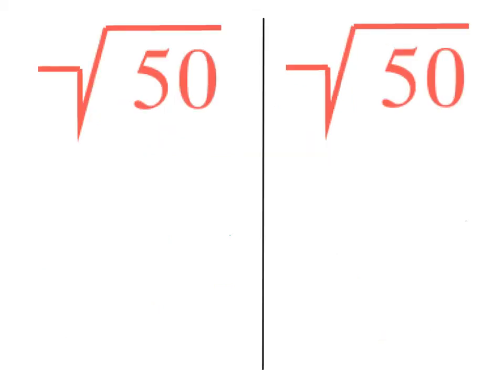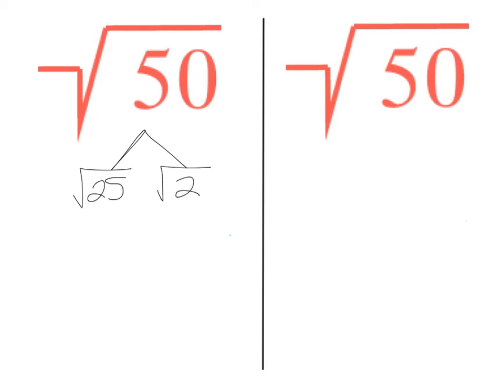Why do you have to know your perfect squares by heart? Just like you've had to do in elementary school and middle school, you've had to simplify your fractions. Once you get into 8th grade in algebra, you're going to have to start simplifying radicals. For example, if I wanted to simplify radical 50, which is not a perfect square, I could break the number 50 into 25 times 2.